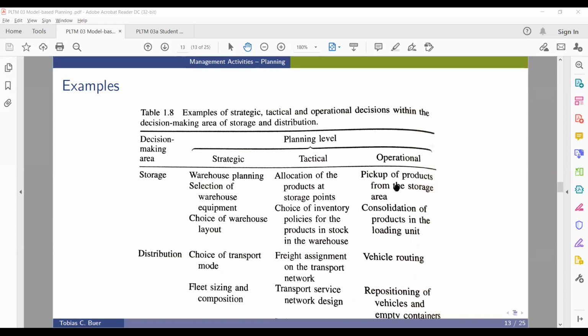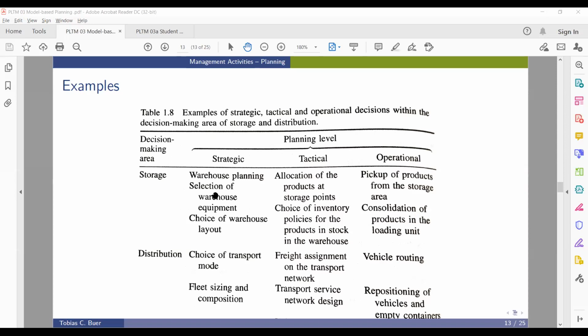So this is based not on a forecast, but on actual data, while the selection of the warehouse equipment is somehow based on our idea of what might happen in the future, what services we should offer, and how to offer these in a cost-efficient way. So this is based on a forecast and on aggregation of data.